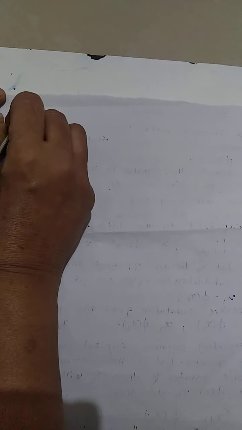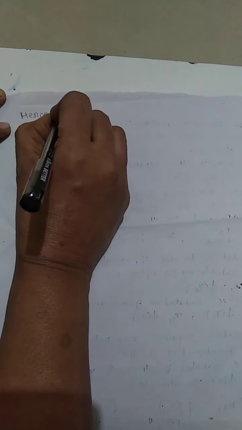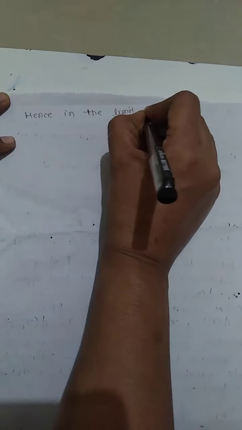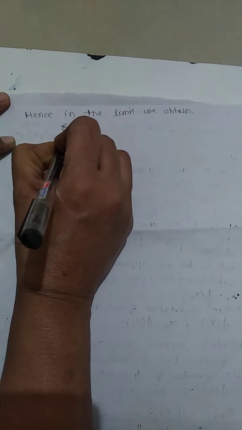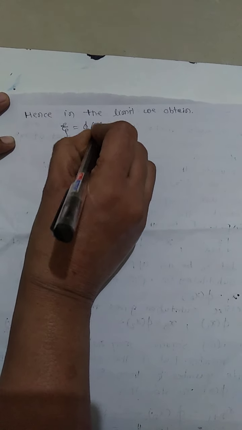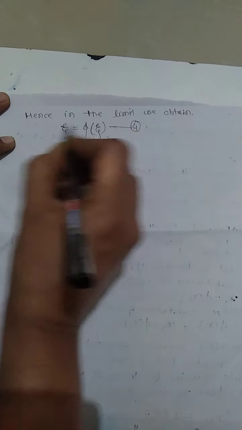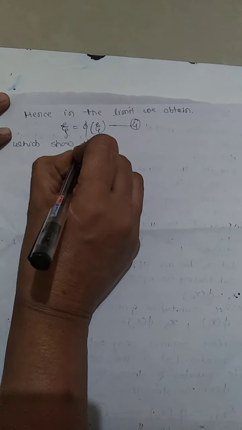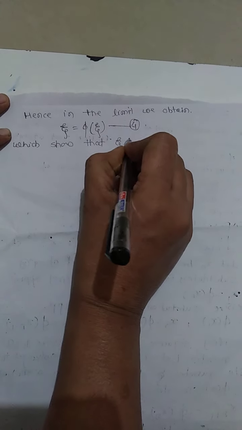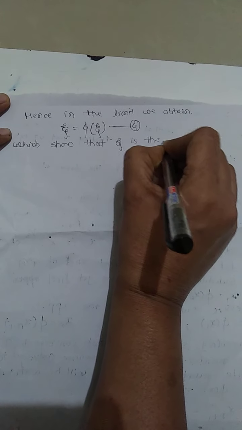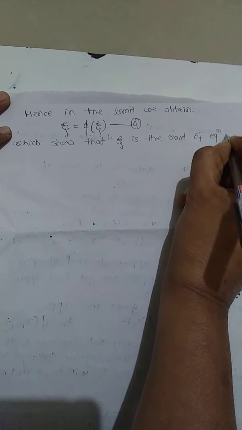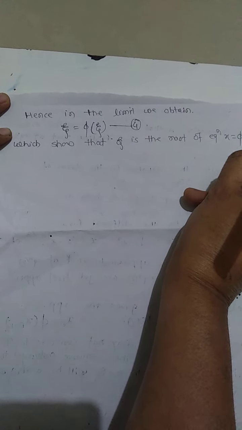Hence, in the limit, we obtain xi is equal to phi of xi. That is equation 4, and which shows that xi is the root of the equation x is equal to phi of x.